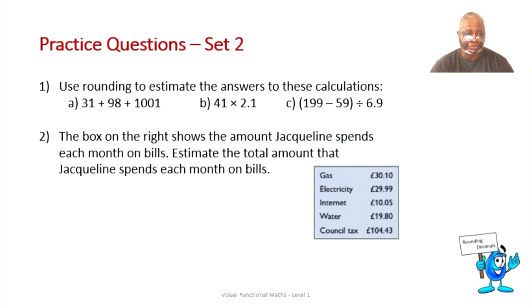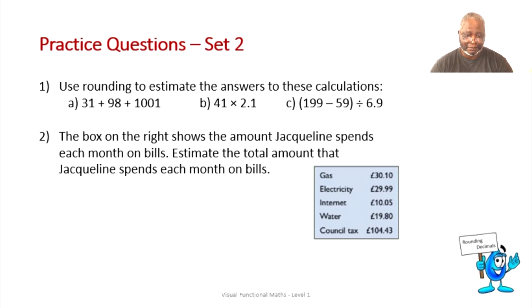Practice questions set 2. Use rounding to estimate the answer to these calculations. A, B, and C. You round them and then you do your calculations. Question 2. The box on the right shows the amount Jacqueline spends each month on bills.